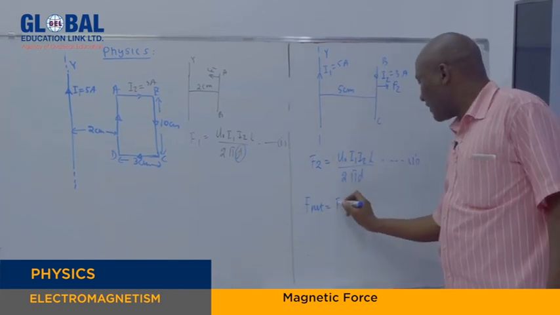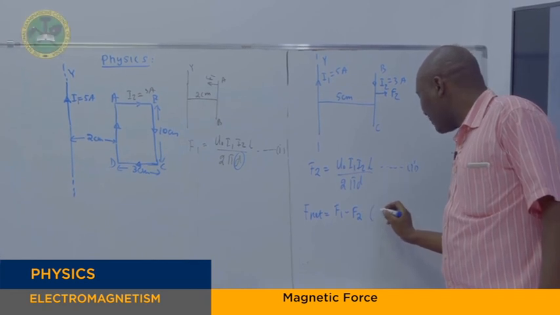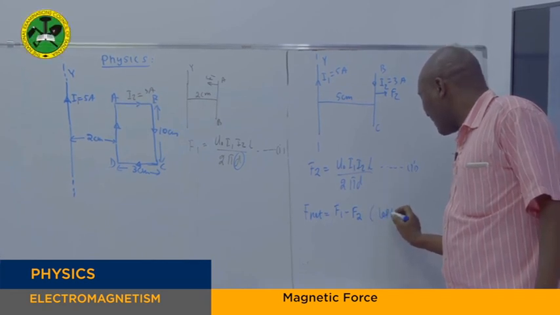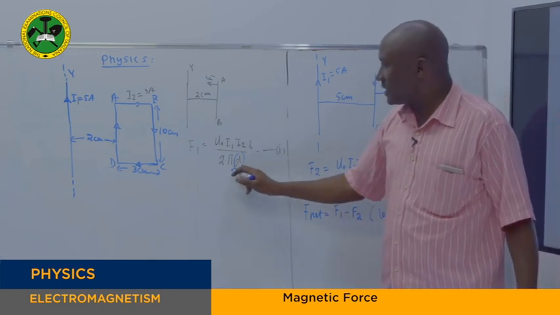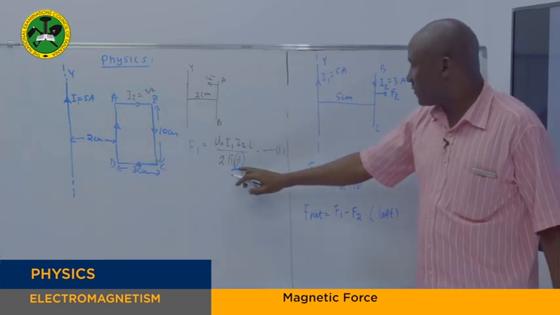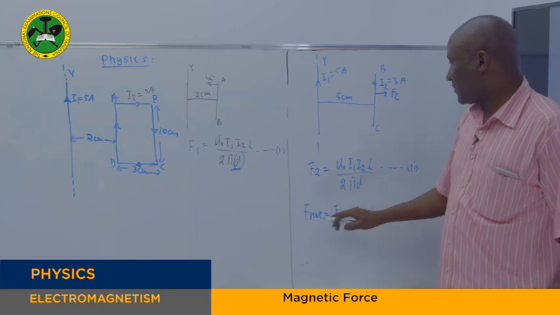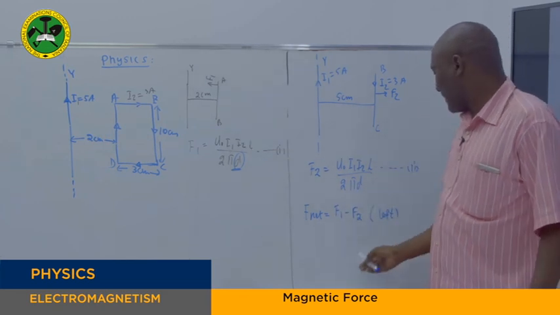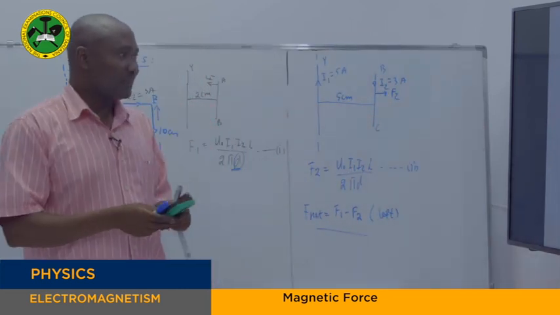So it will be F1 minus F2, and that force will be pointing to the left. Why do you choose F1? Because the distance is the one which determines the magnitude. We have a shorter distance: this is 2, this distance is 5. So the greater force is F1. When you find the difference, you get the net force.